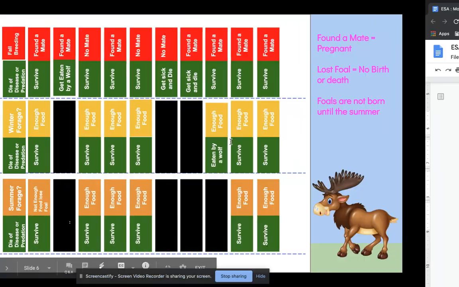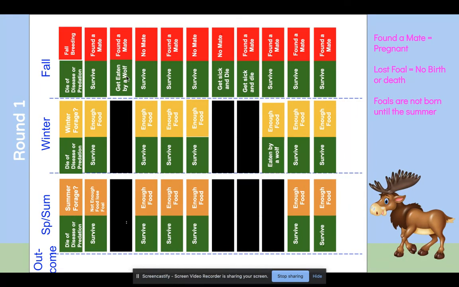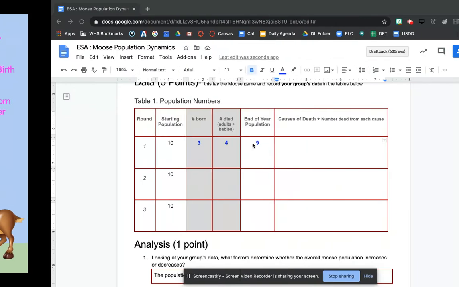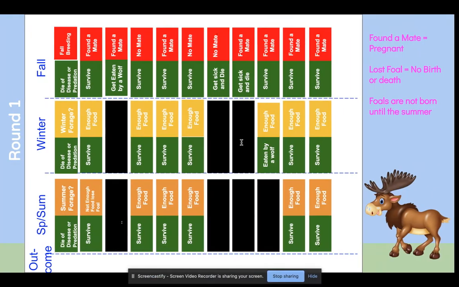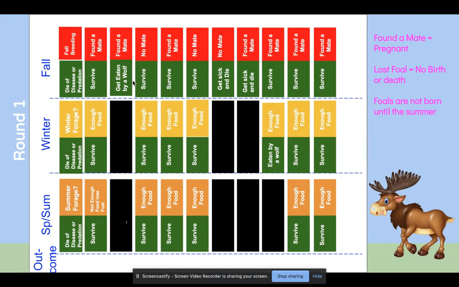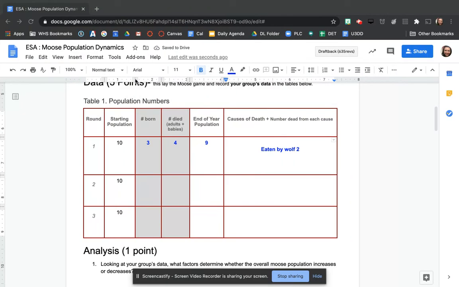Then you're going to go through and jot down the causes of death. It looks like 2 got eaten by a wolf, so I'm going to type that in here. And it also looks like 2 got sick and died.